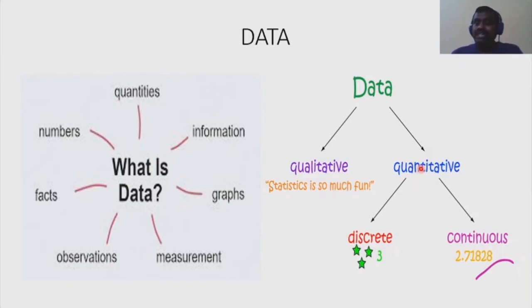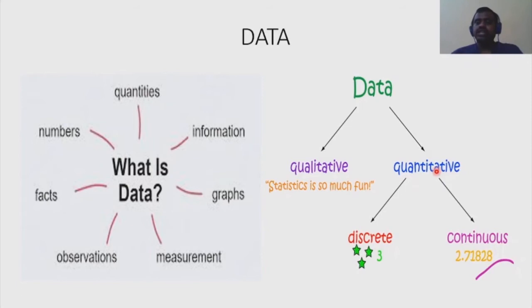Whereas quantitative means it is represented in the form of a number, like 78%, 68%, 53%. So qualitative means it is in the form of a statement, whereas quantitative means it is in the form of a number.